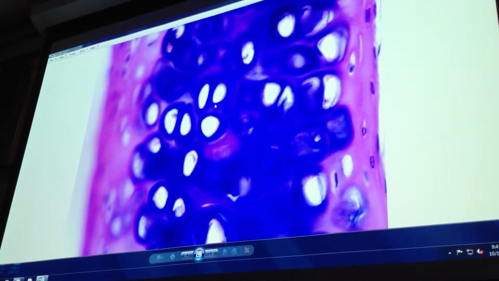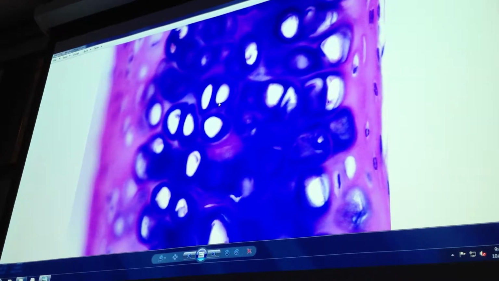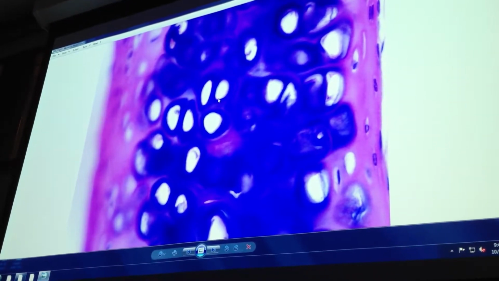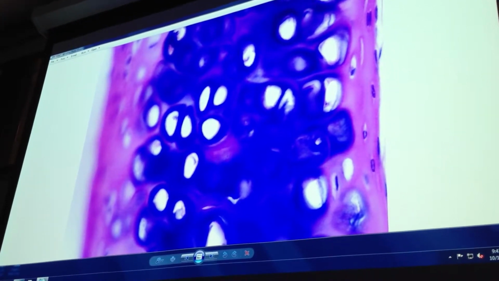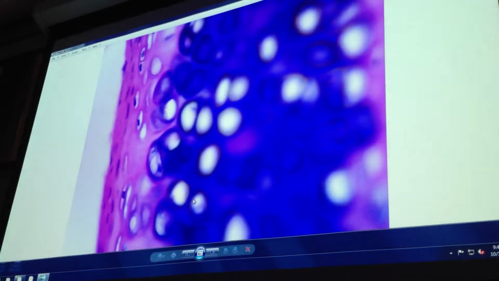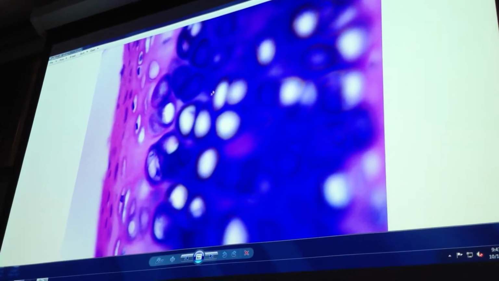Okay. Lacuna, what do we find inside the lacuna? Chondrocyte. Now I'm going to go to the next one because it shows a little bit better. This is still hyaline cartilage. This is out of your trachea.